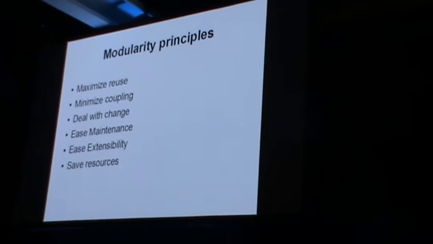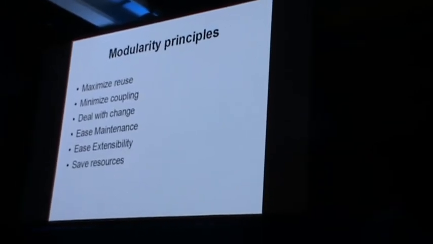So maximize reuse. I mean, they're quite obvious. So we are supposed to maximize reuse, and a pattern is nice if it helps you to maximize reuse. Minimizing coupling is another thing. There are a lot of decoupling techniques, like using service provider interfaces, service infrastructures. Dealing with change is also very important.